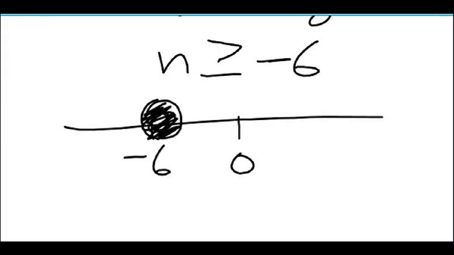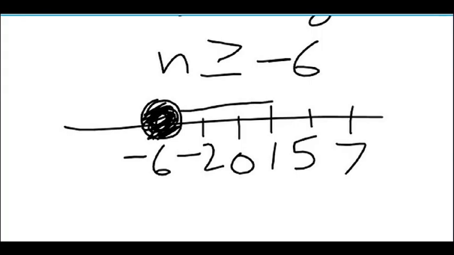This is called a closed circle. And n is greater than -6, so any number higher than -6 works, be it 5, be it 7, be it 1, be it -2. All of these numbers are supposed to allow this inequality to work out correctly. So this is somewhat how our graph would look.